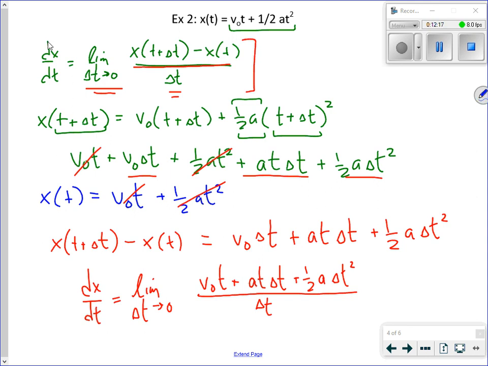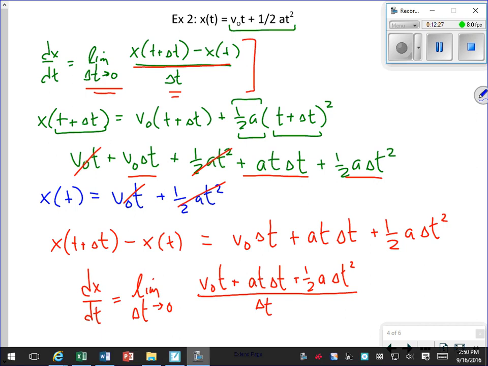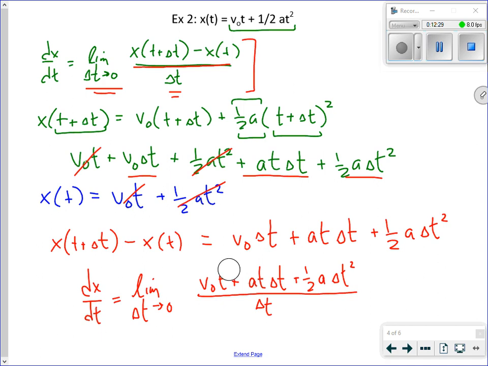And okay, if we're dividing by a factor of delta t, I just realized that this is supposed to be a delta t right here. Am I right, people? Delta t. Right, there is a delta right there. Okay, so our delta t comes out of here, out of here, out of here.